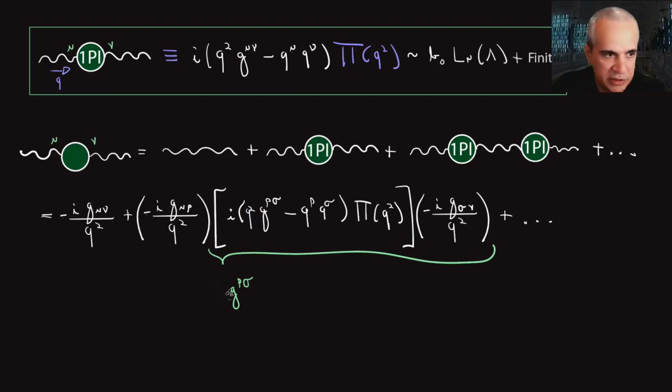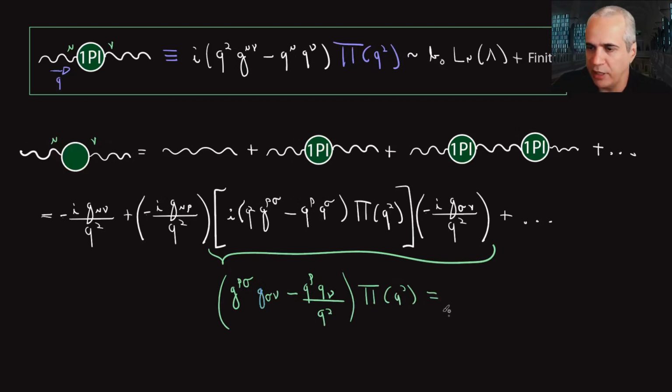So this becomes just g rho sigma g sigma nu minus, and then now I have a q squared under these guys, q rho, and this q becomes q nu because I'm contracting with g sigma nu over q squared, right? Times pi of q squared, which I can now write as delta rho nu, right?